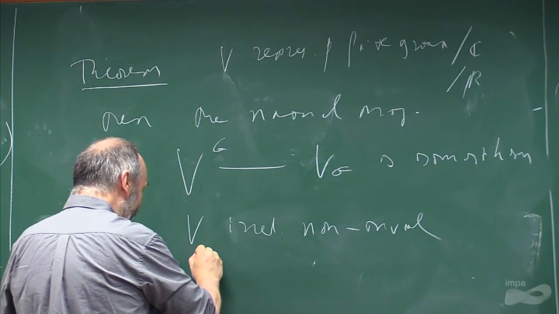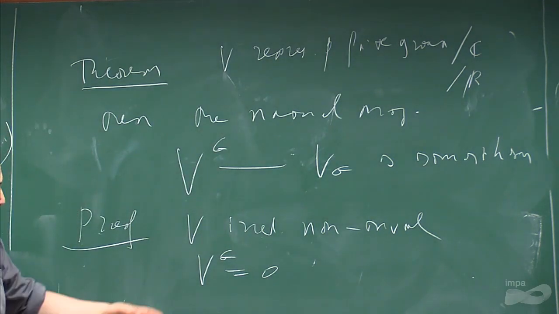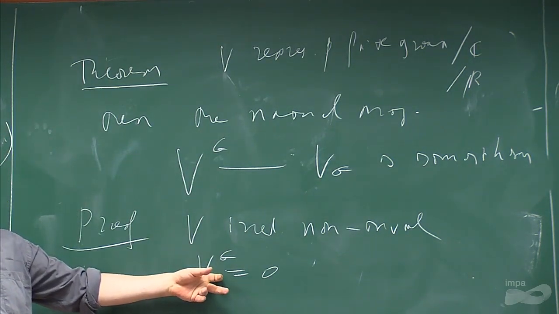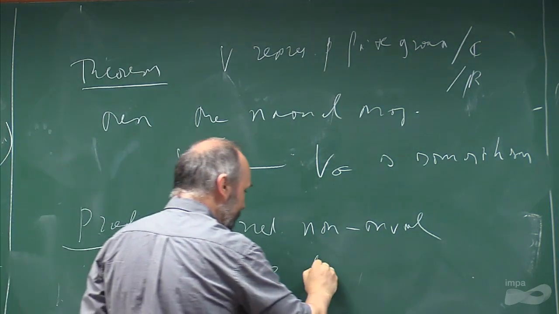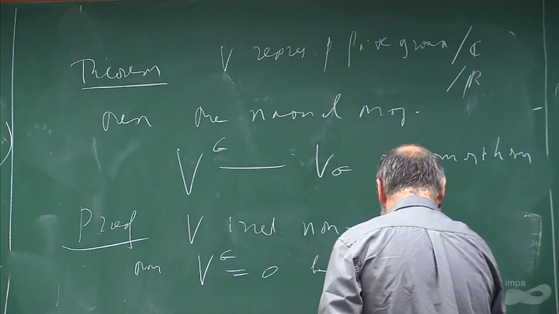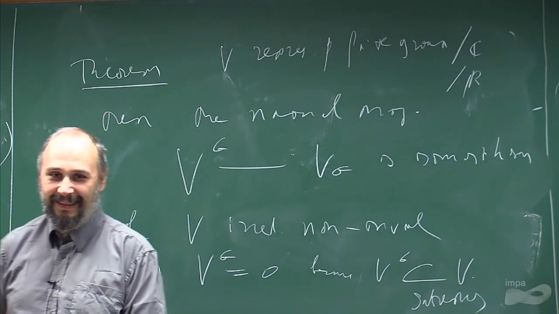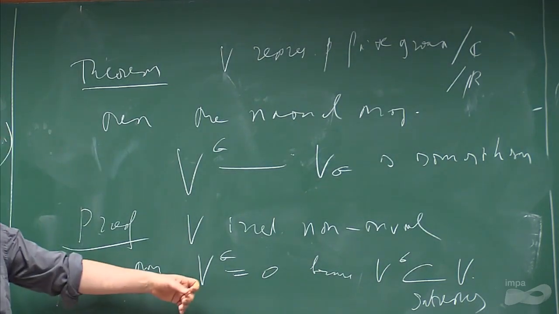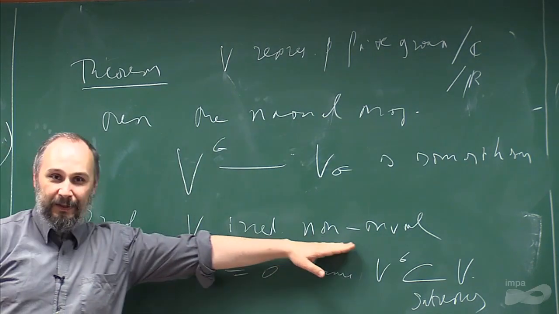Then there are no invariants, because the invariants V^G inside V is a sub-representation, and this sub-representation can't be the whole thing because V is a non-trivial representation.